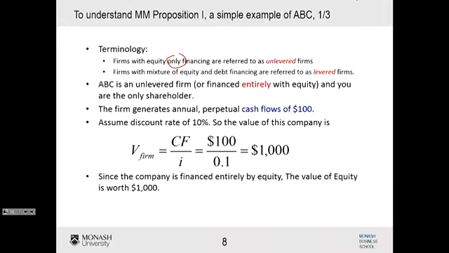And if we assume that the discount rate is 10%, the value of the firm is equal to the future constant perpetual cash flow in each year discounted by the discount rate.